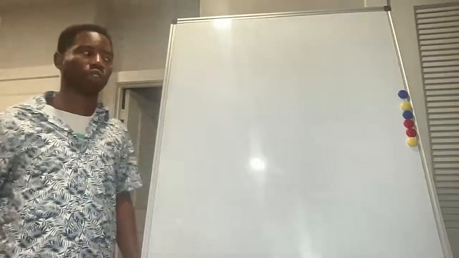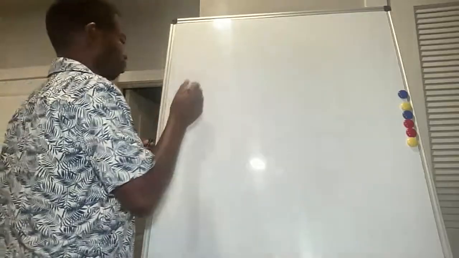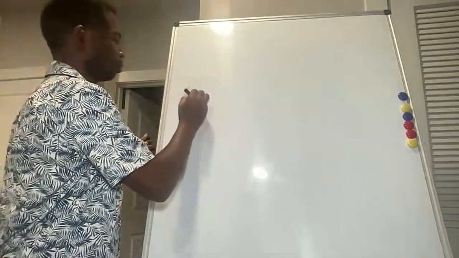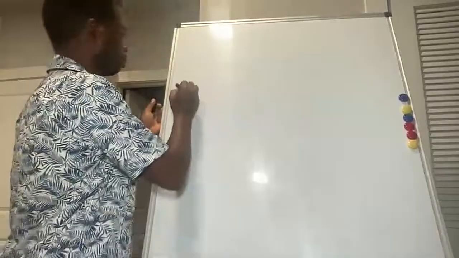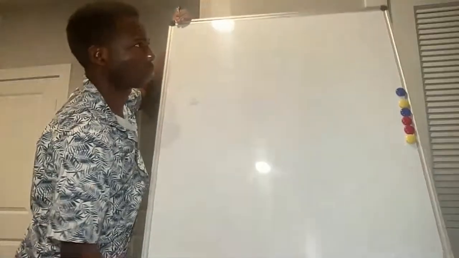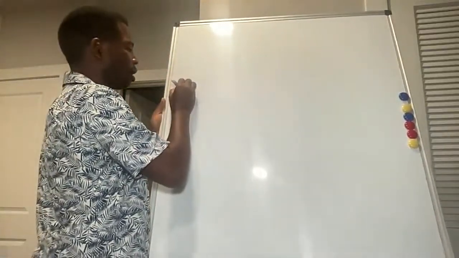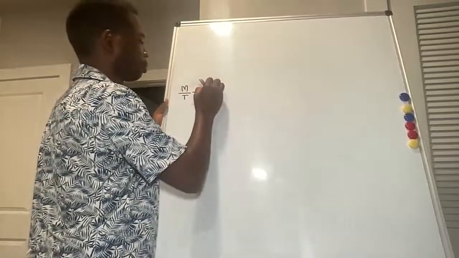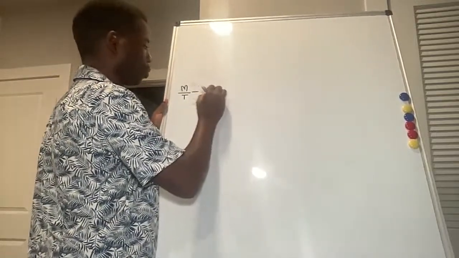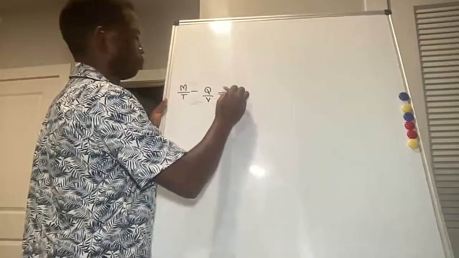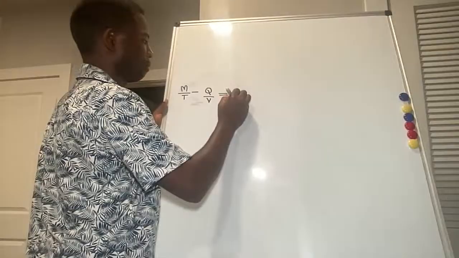For example, if we have something like m over t minus q over v is equal to u over z.